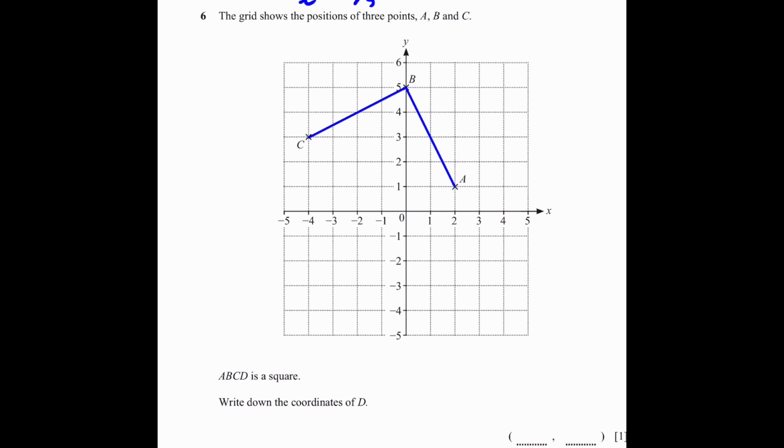And all the angles are 90 degrees, so they are perpendicular. AB and BC are perpendicular. So the point D will join with A as DA, and that will be perpendicular to AB, and it will be perpendicular to CD. As well, CD will be perpendicular to CB.